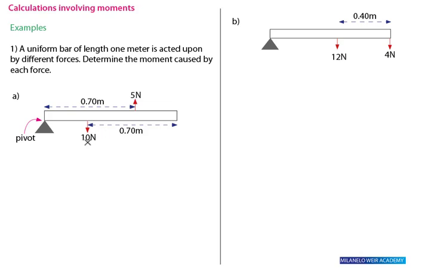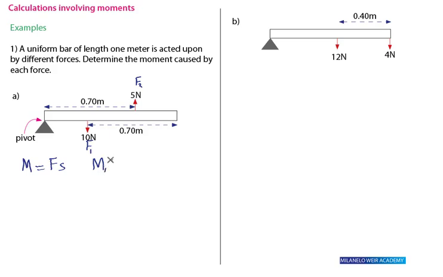We have this force, let's call it F1, and call this one F2. Moment is equal to F times S, force times perpendicular distance. So let's start with F1.